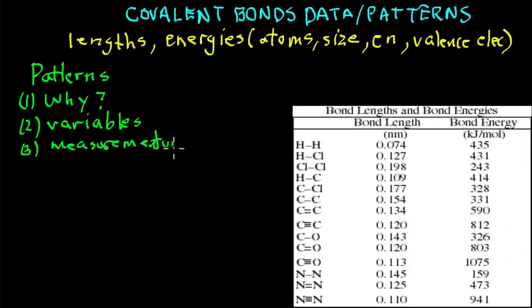Notice the measurement unit of nanometer for bond length. We usually use picometers, because that's a 1,000 times larger number, and it becomes 74 picometers for hydrogen, 127 picometers for hydrogen chloride, etc. Also, the unit of kilojoules sometimes is kilocalories.